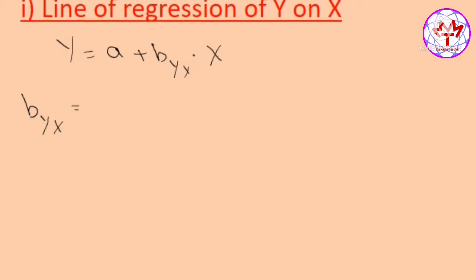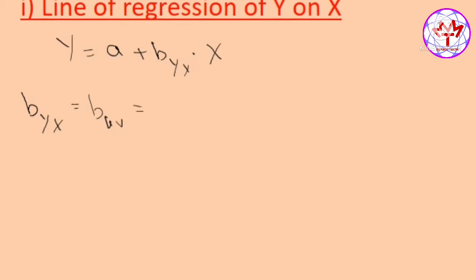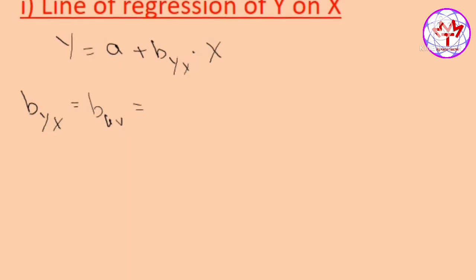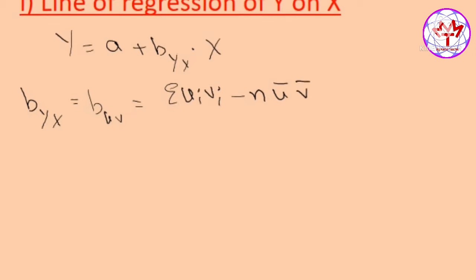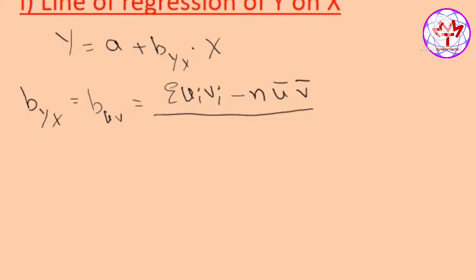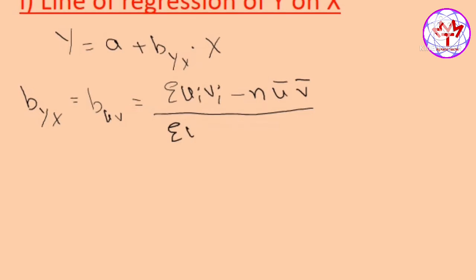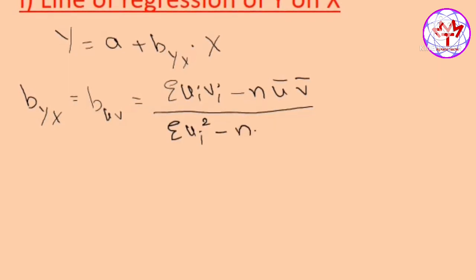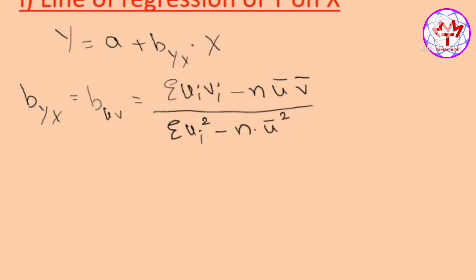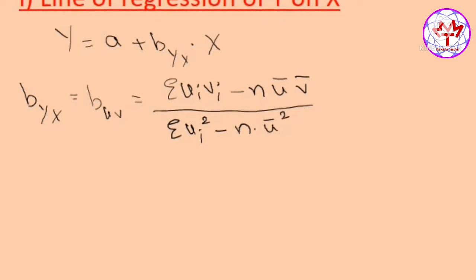So byx will be same as buv, right? Because we have got the values in terms of u and v. So we'll write byx is equal to buv is equal to summation ui into vi minus n into u bar into v bar upon summation ui square minus n into u bar square. Okay, remember this formula. This is for the change of origin.